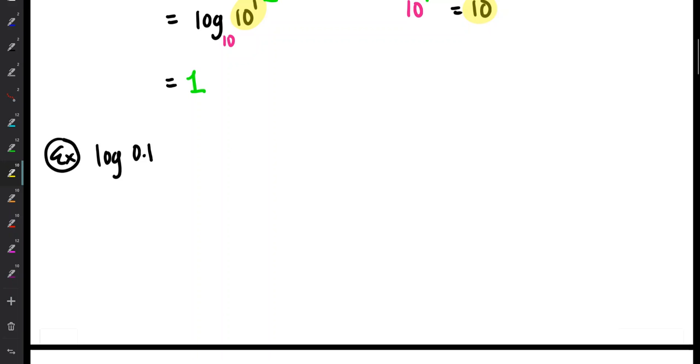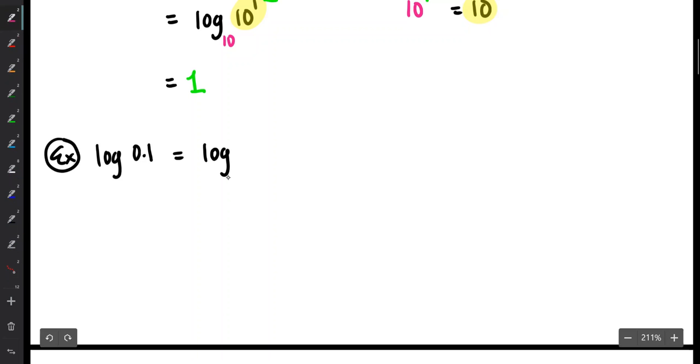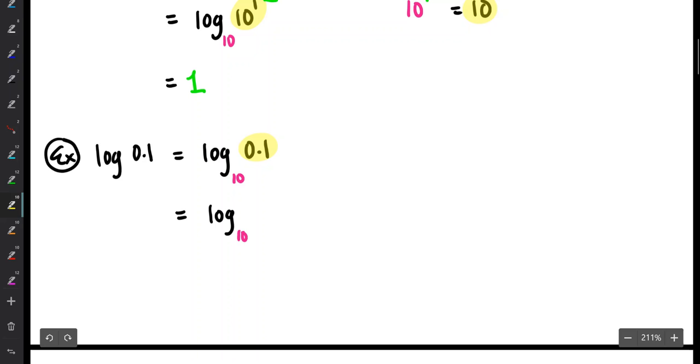Log of 0.01. Well, that's log base 10 of 0.01, and 0.01 is a perfect power of 10. It's 10 to the minus 2. Hmm, 0.1 is a tenth, and you can write a tenth, but I'm going to write it as 10 to the minus 1.